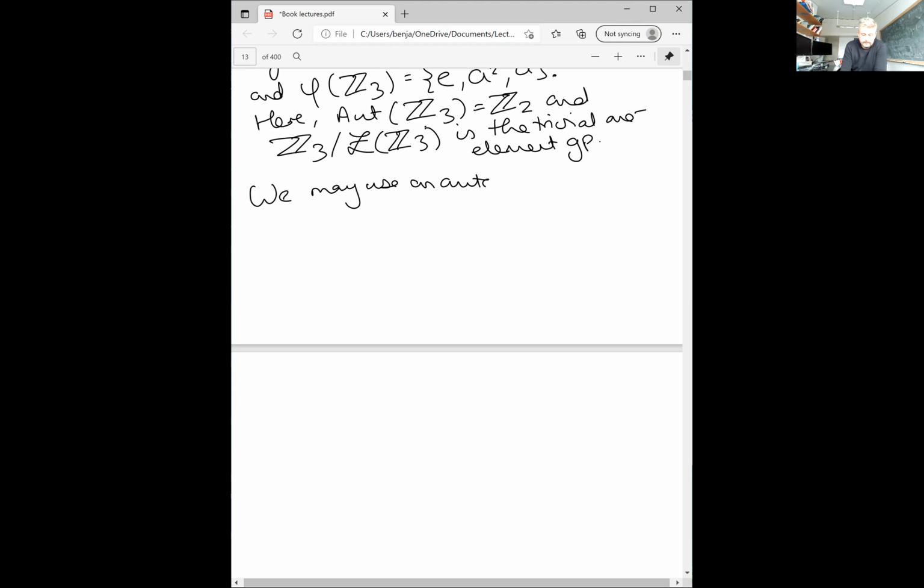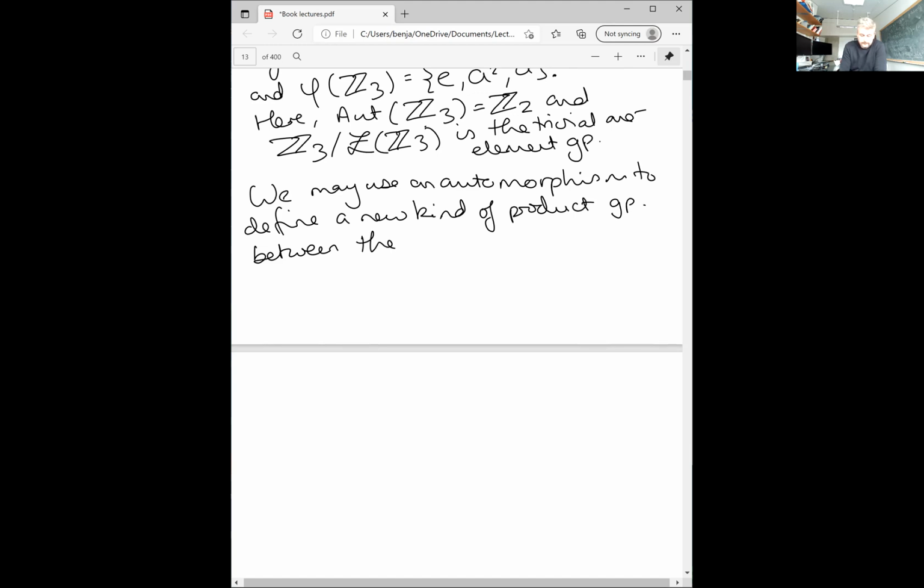So we can use an automorphism to define a new kind of product group between the automorphism and the group.